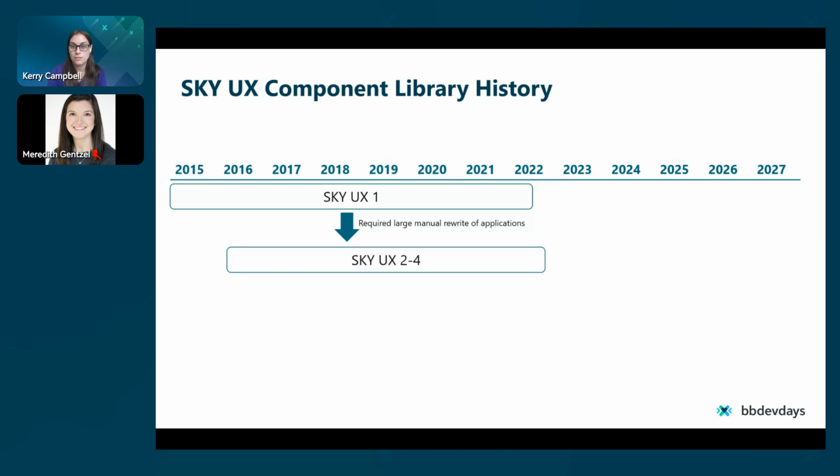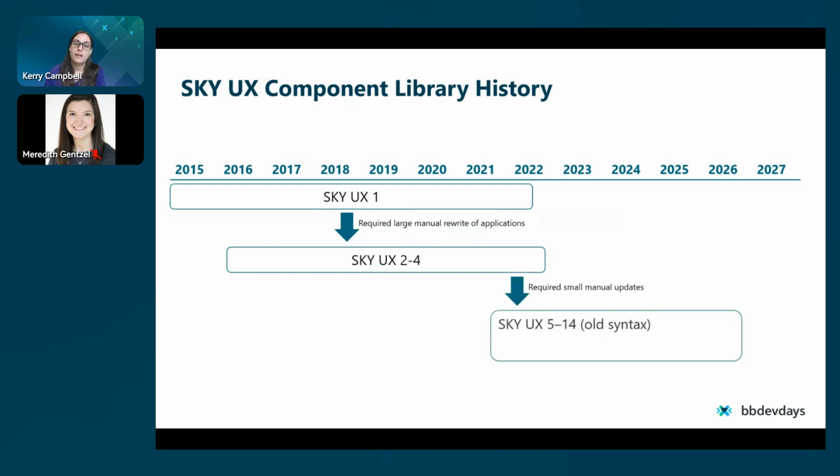I refer to SkyUX 1 as our first generation, and then we had the second generation of adopting Angular, but there were still a lot of things internally. SkyUX had its own CLI, and the external availability of functionality wasn't as great. In 2021, right at the end, SkyUX 5 released. It was our first major version that set the precedent where we maintain every major version of Angular.